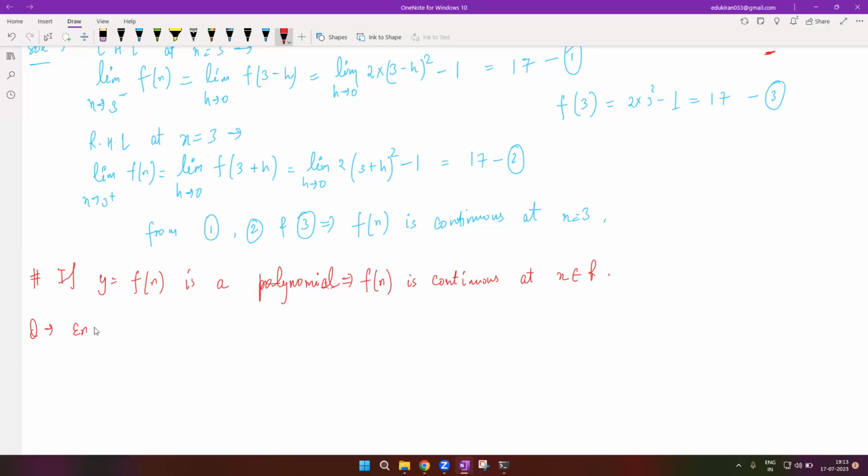So the question is, examine the continuity of f(x) equals 1 upon x minus 3. And they won't tell you what is the point at which you have to check the continuity. This is the interesting thing, right?